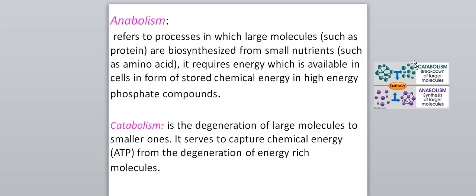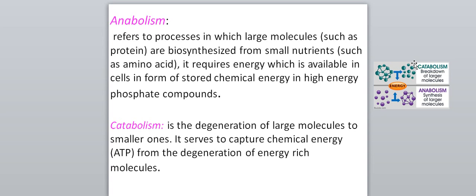We have to remember that we have what we call anabolism and catabolism. Anabolism refers to processes in which large molecules like protein are biosynthesized from small nutrients like amino acids. So large molecules are formed from small molecules by a process we call anabolism.